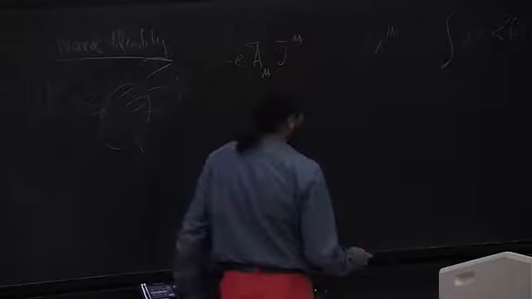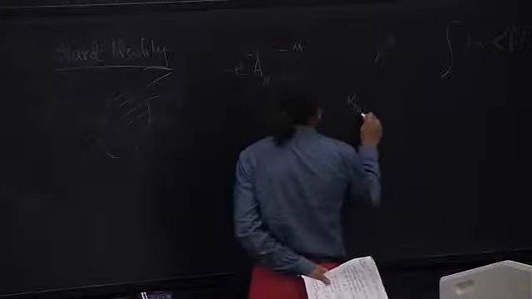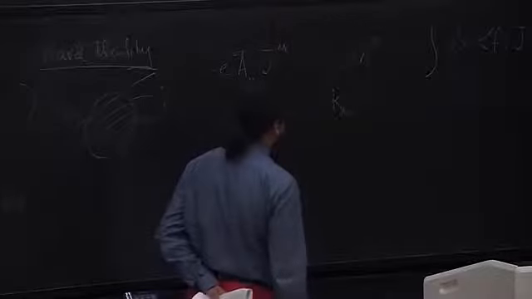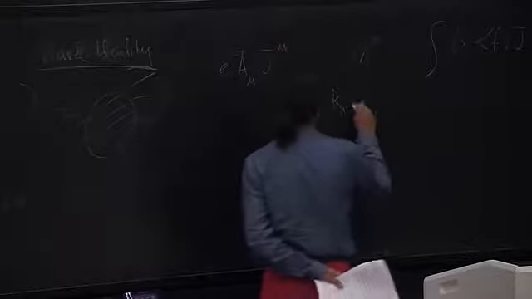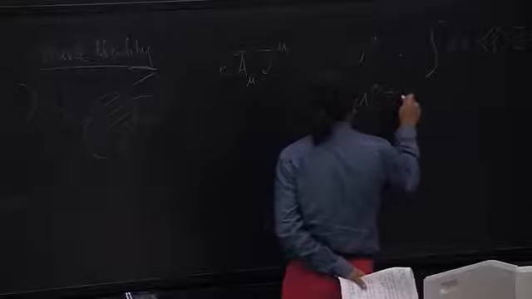And then Peskin argues, using the exercise from chapter 4, that this thing is 0.